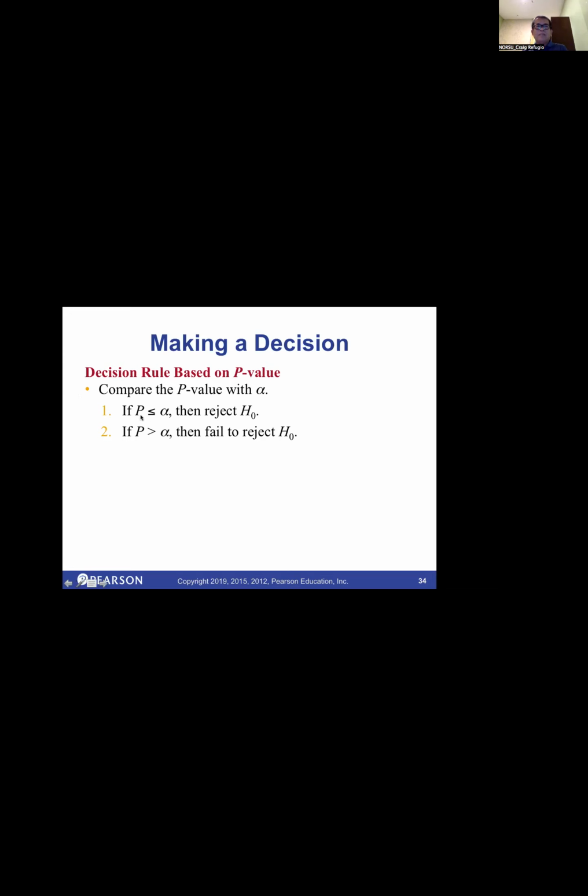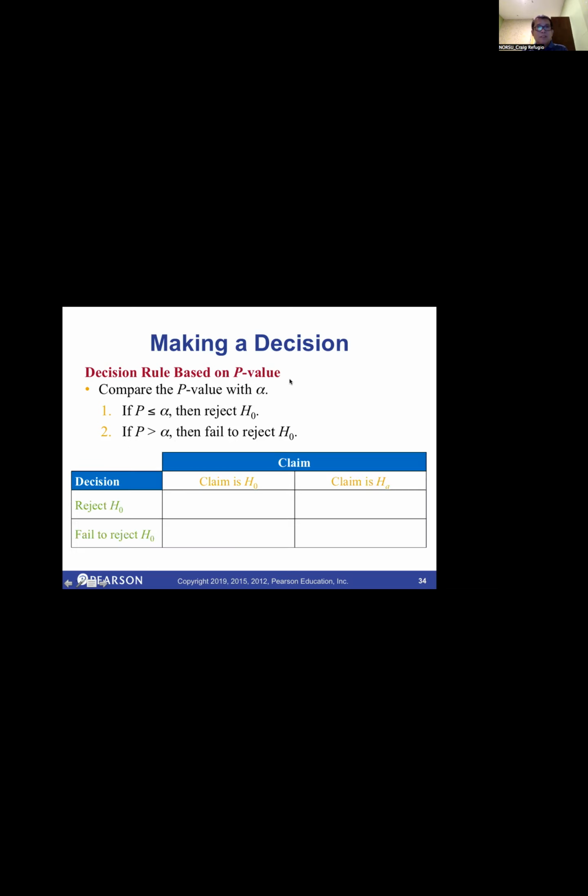If the p-value is less than or equal to alpha, then reject HO. If the p-value is greater than alpha, then fail to reject HO. Again, capital letter P would mean p-value. And if the p-value is less than or equal to alpha, then reject HO.